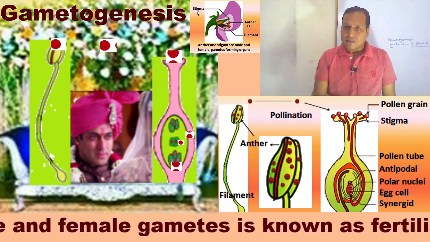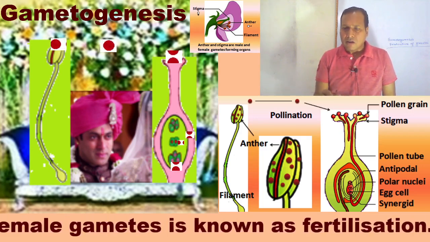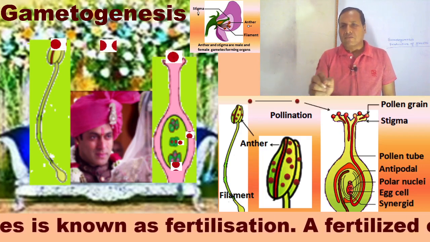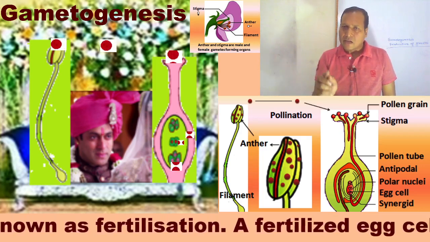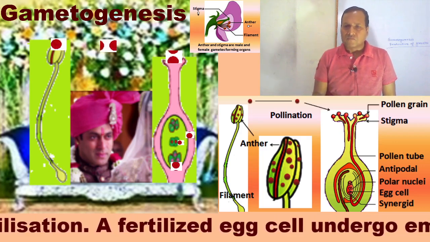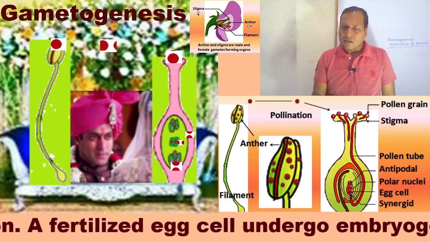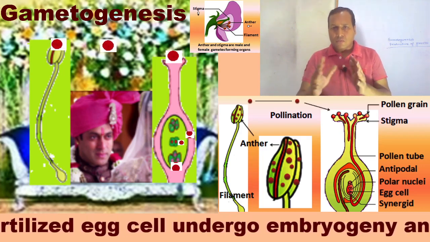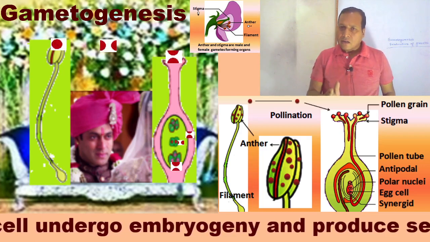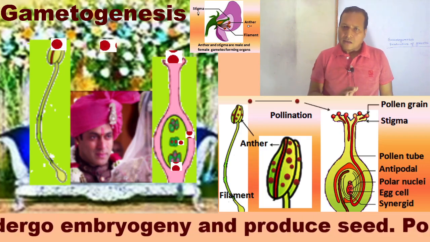Unisexual flower means a flower having only one gamete forming organ, that is either the male gamete forming organ or the female gamete forming organ. So flowers are of two types. Now you feel clear up to here, I think.